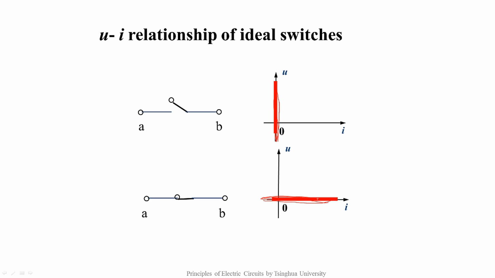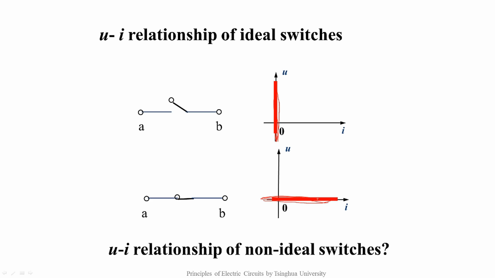There is a question. If the switch is non-ideal, what is the UI curve of the non-ideal switch? The non-ideal state is that when the third terminal is opened, the middle is not an ideal open circuit, but there is a large resistance. For the UI curve figure, what kind of characteristic curve is a large resistance? The resistance is determined by the value of tangent alpha.